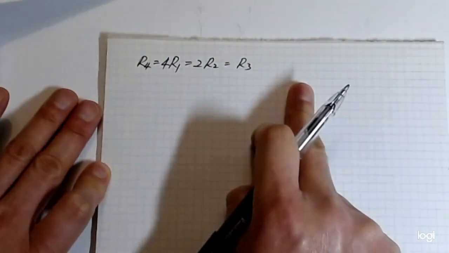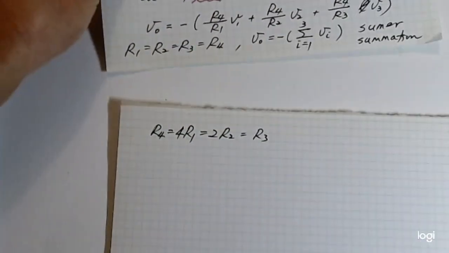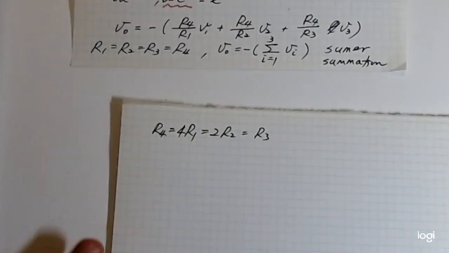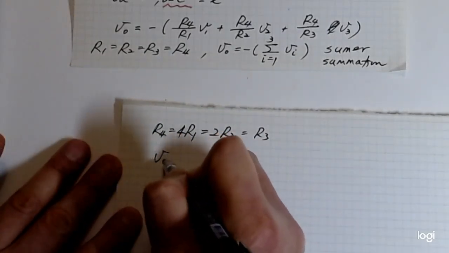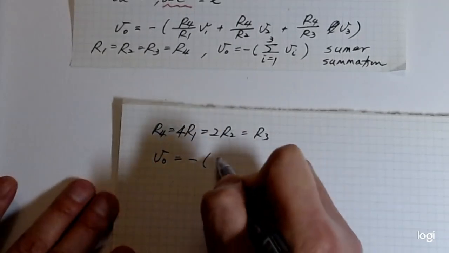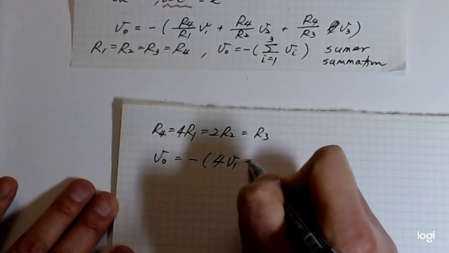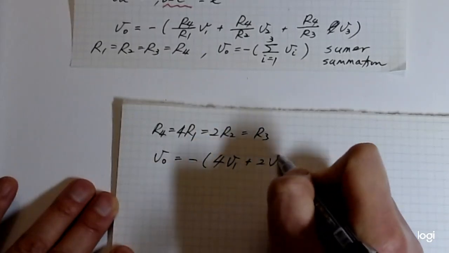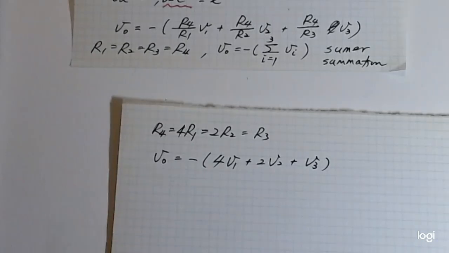If we put this in and put the numbers back, what's VO? VO equals minus (4V1 plus 2V2 plus V3), right?